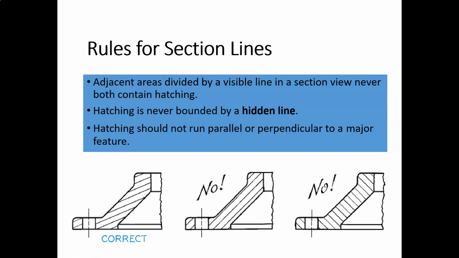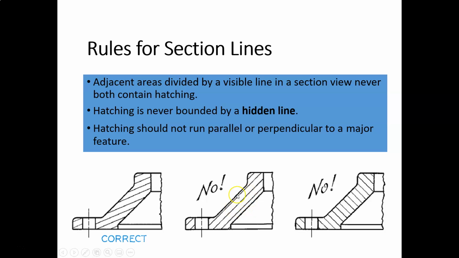We also, when we're showing our section lines, and remember the section lines are where we cut through solid material, we want to be aware of how the section lines are lined up with visible edges of the object. And we want to avoid where the section lines line up with the visible edges of the object, because it just makes it more difficult to comprehend the geometry of the object.